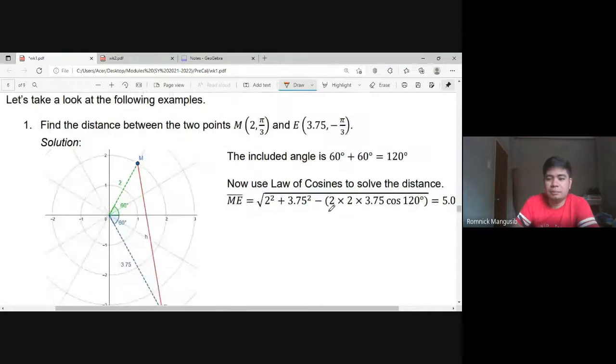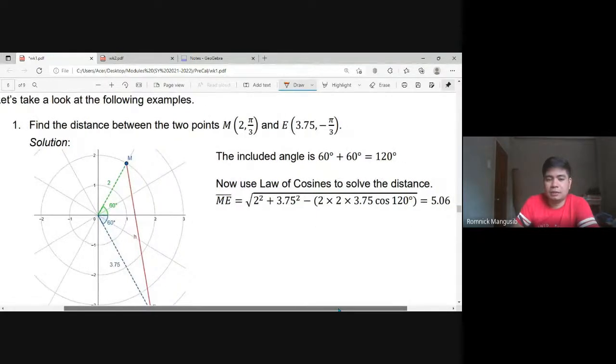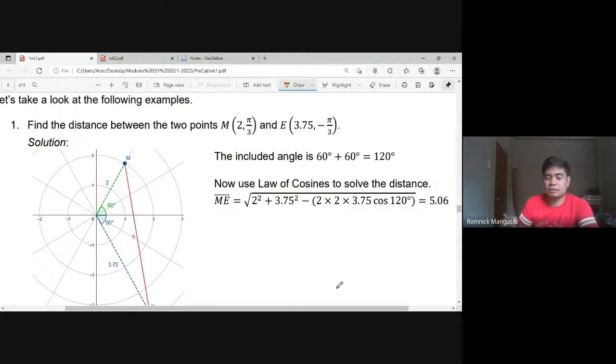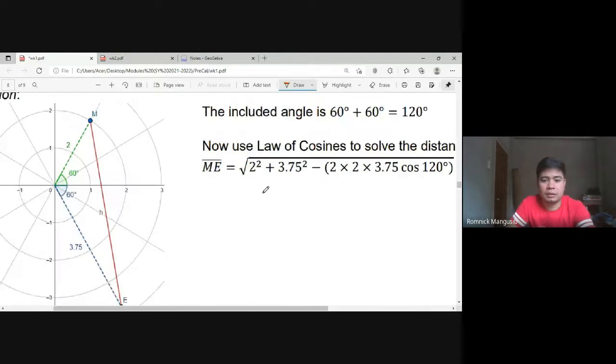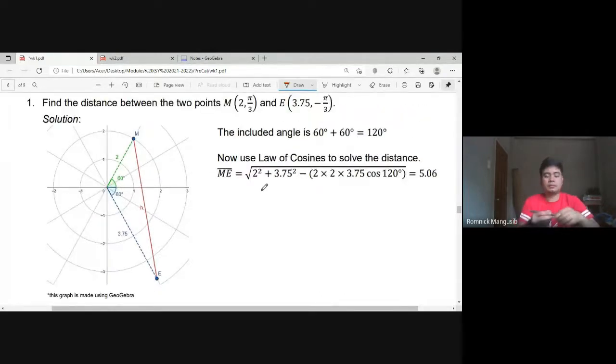So in this example, ang makikita natin dito is you're going to get the distance between the 2 points M and E. M ay may radius na 2 as illustrated and E ay may radius na 3.75 as illustrated also.